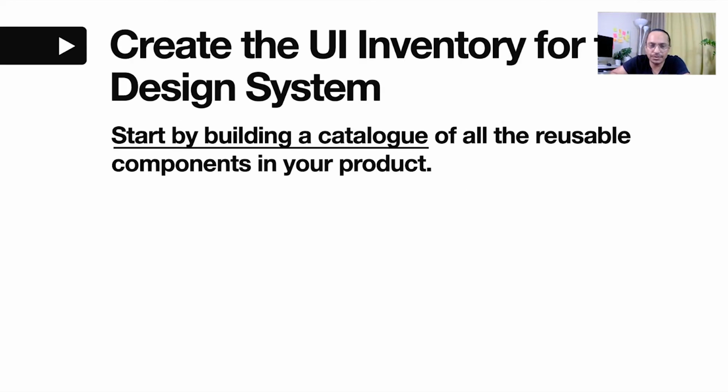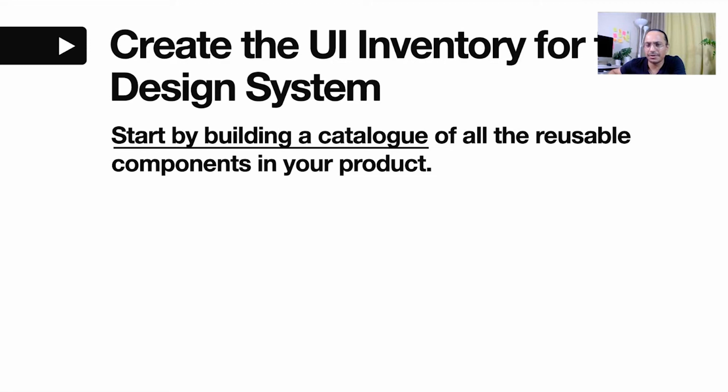So now let's understand the different steps to create a design system. First, if you have any existing screens or website, you should start by creating the UI inventory. Go to the existing product and see what different components are used in that system. It could be the smallest thing, like the label, the call to action, the buttons, the header size, the colors, the font size.